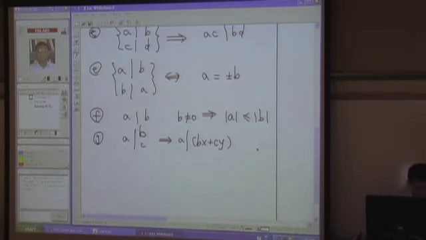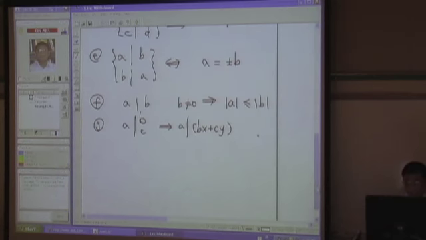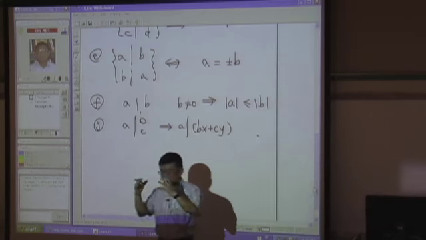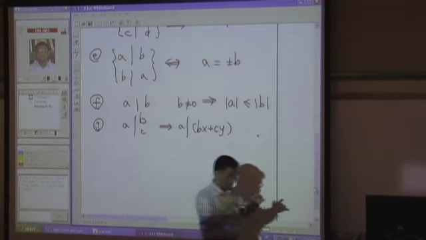Then today we will learn about a very important concept called the greatest common divisor. Assume that we have two numbers, then we want to find the greatest common divisor of the two numbers.